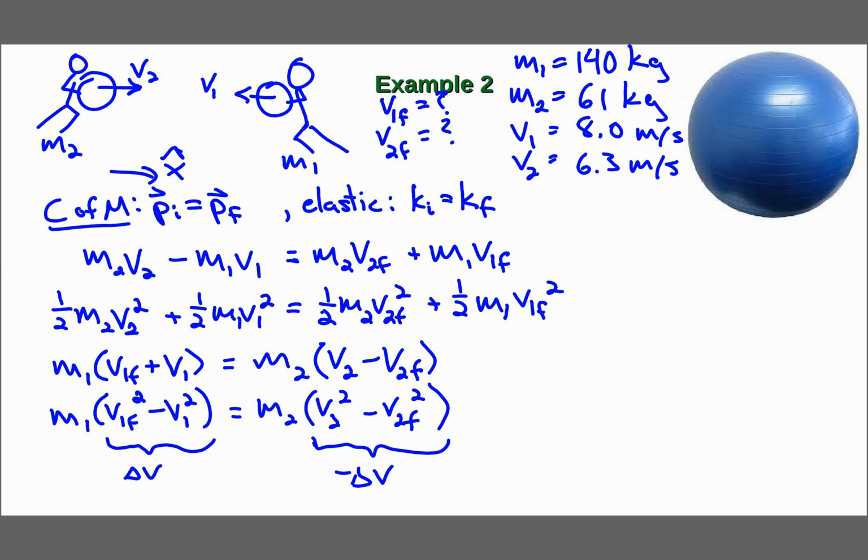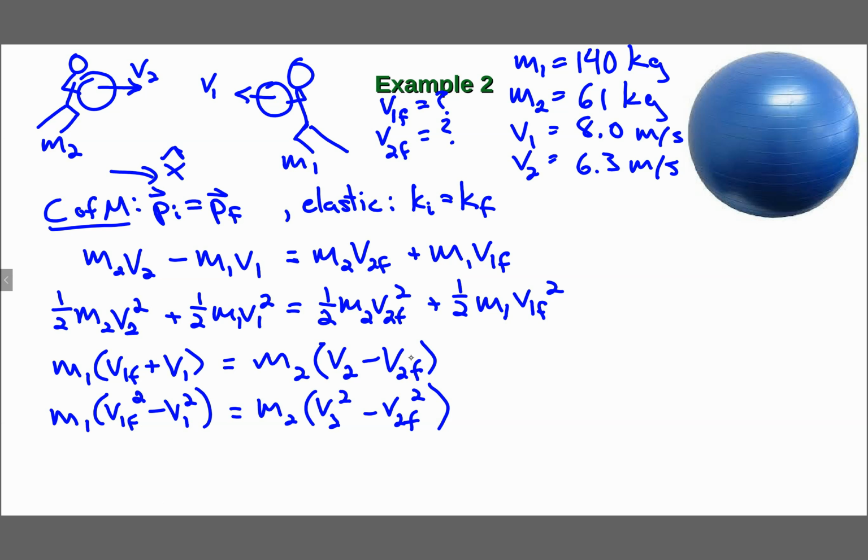And so this equation, if I added the 1/2 back in, is telling me that delta K for me is equal to minus delta K for my wife. Okay? So because kinetic energy is conserved in an elastic collision, whatever kinetic energy I lose, she gains. So the question is really how much of my kinetic energy do I transfer to her?